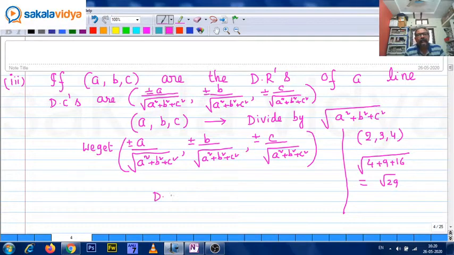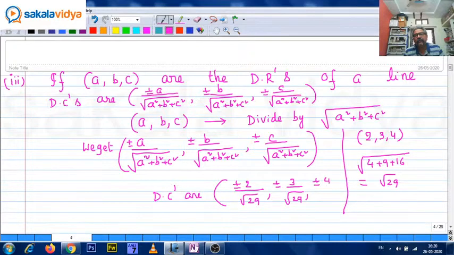So DCs are plus or minus 2 by root 29, plus or minus 3 by root 29 and plus or minus 4 by root 29. These are the DRs, these are the DCs. So we can find them like this.